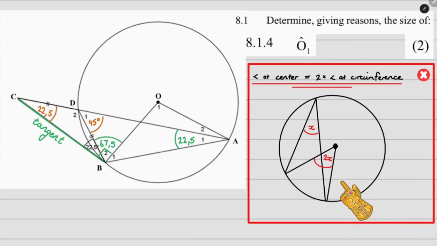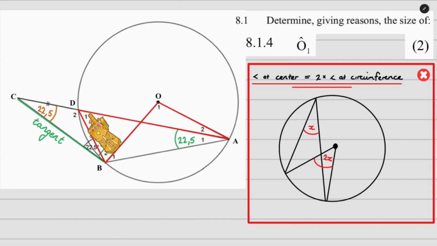The angle at the center is 2 times the size of the angle at the circumference. It's a little bit difficult to see with this one, but it kind of looks like a bow tie. And with this bow tie, you've got 3 points on the circumference and 1 point is at the middle of the circumference. So this one at the center is 2 times the size of the one at the circumference.